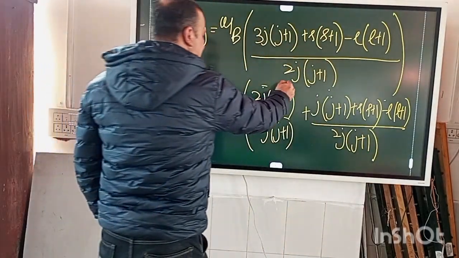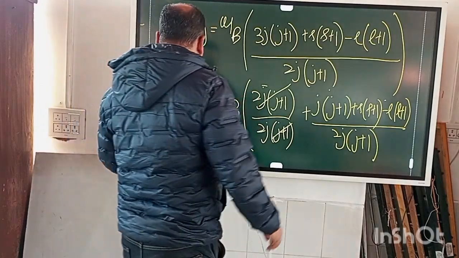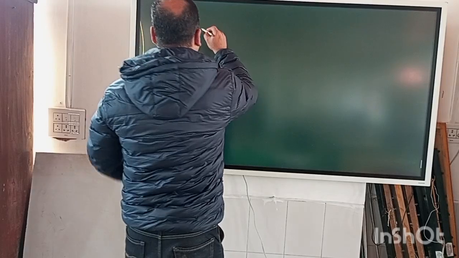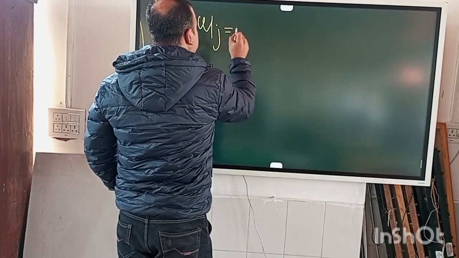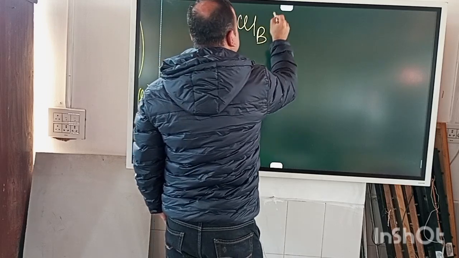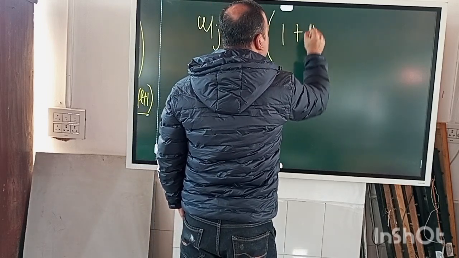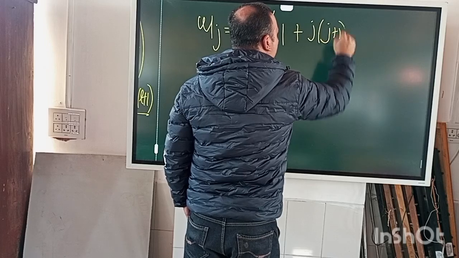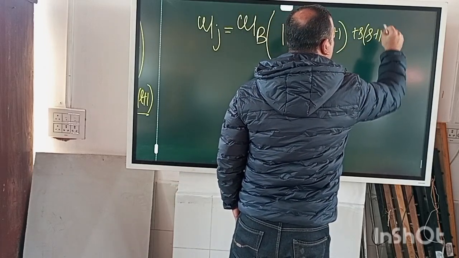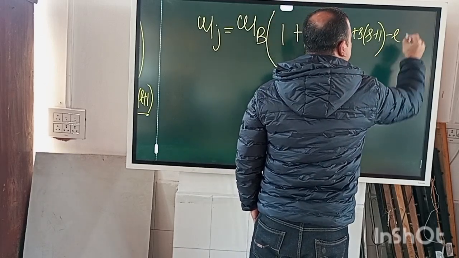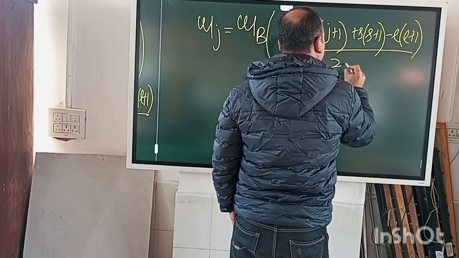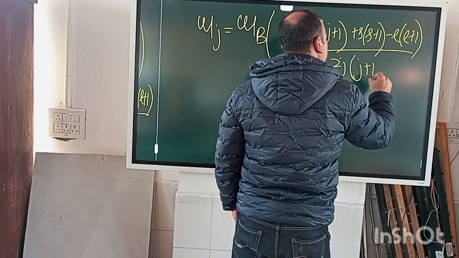So this and this will cancel, and we get 1 here. So mu J is equal to mu B times the bracket: 1 plus J times J plus 1 plus S times S plus 1 minus L times L plus 1, with 2J times J plus 1 in the denominator.